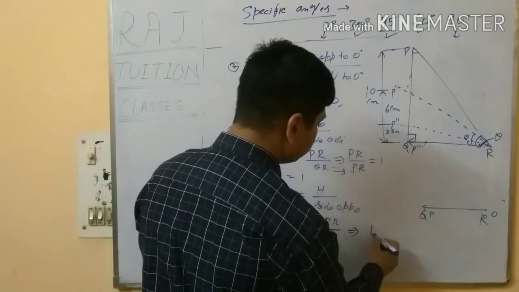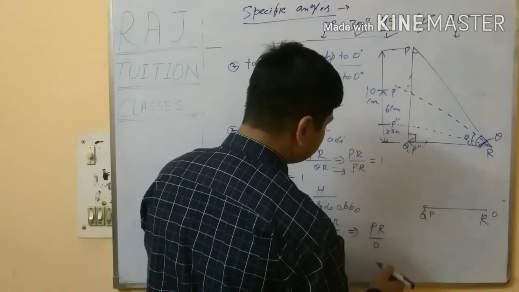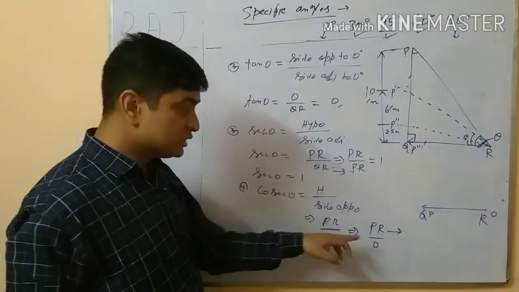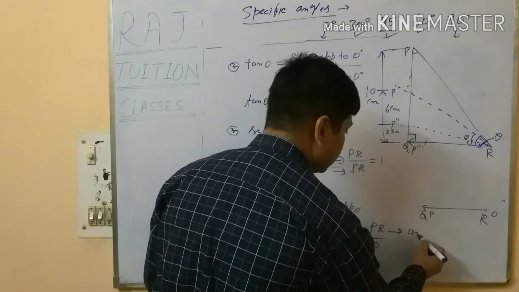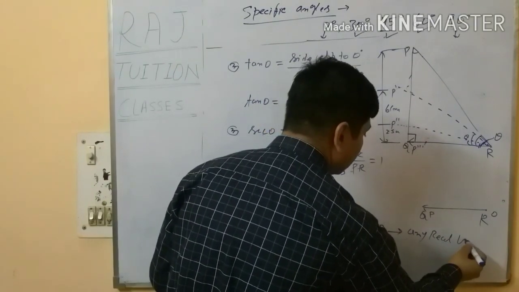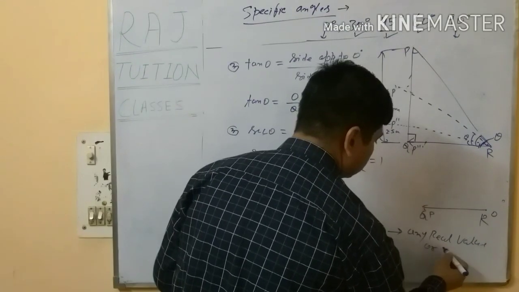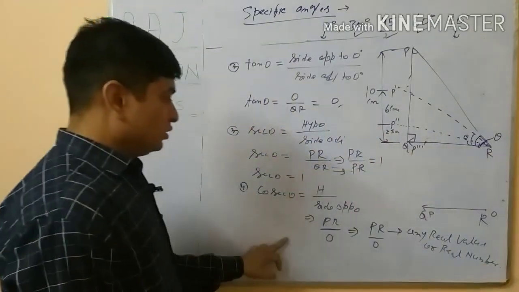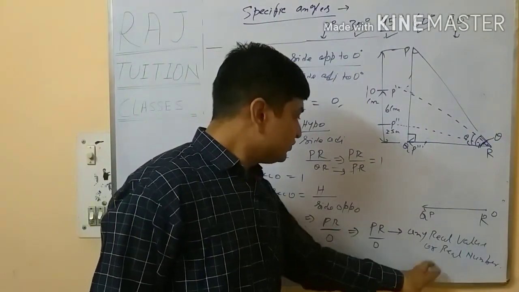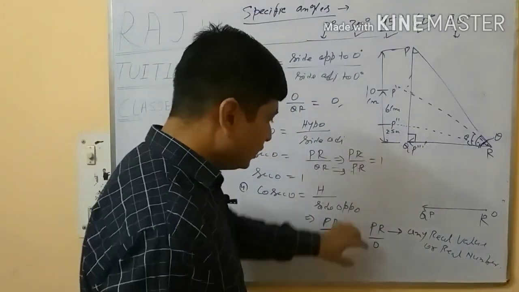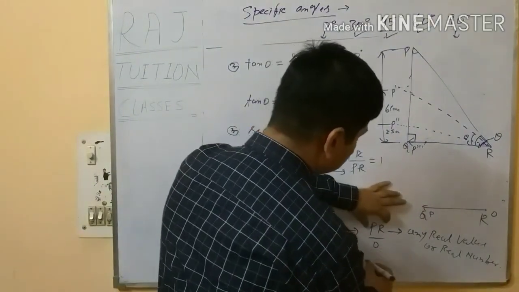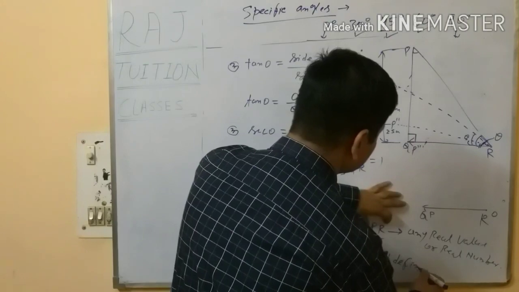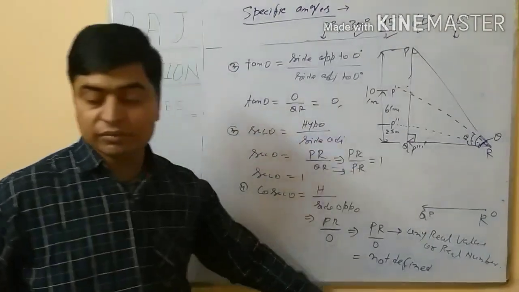PR over 0, PR divided by 0. PR will have some value, and this value will be represented by any real number. And any real number when divided by 0 has no value till now, not defined by any of the mathematicians.